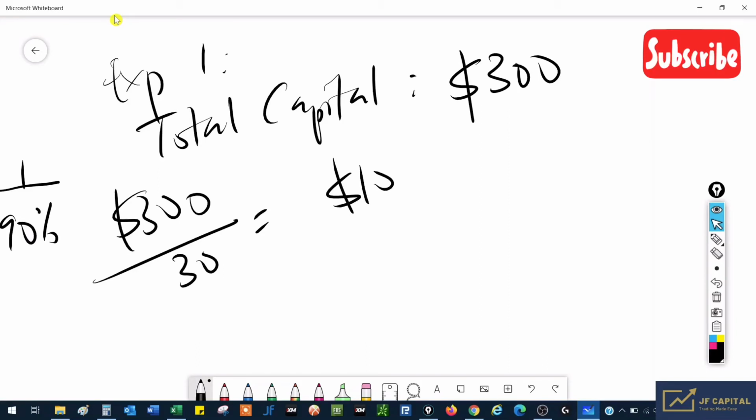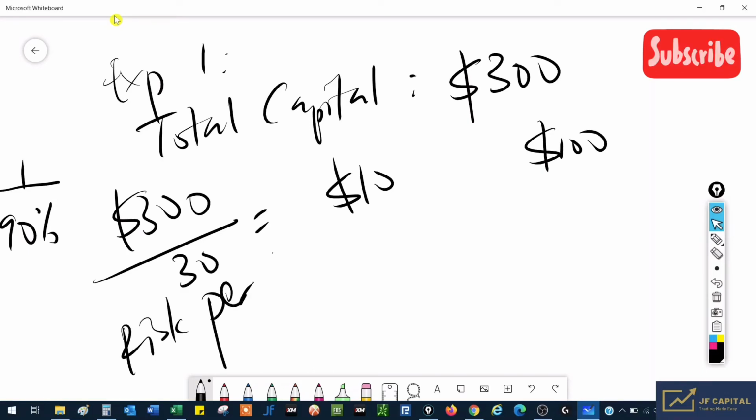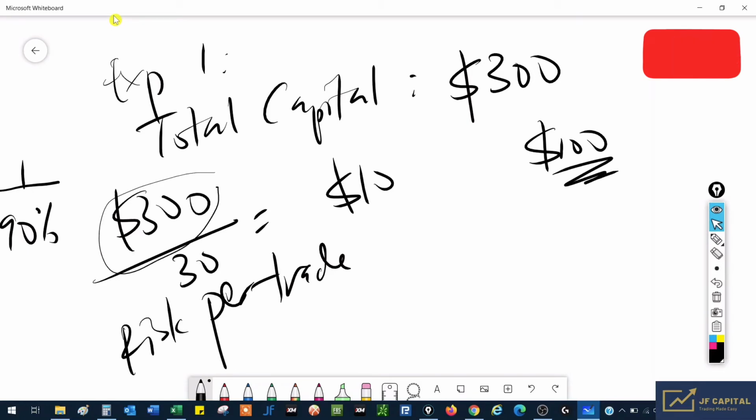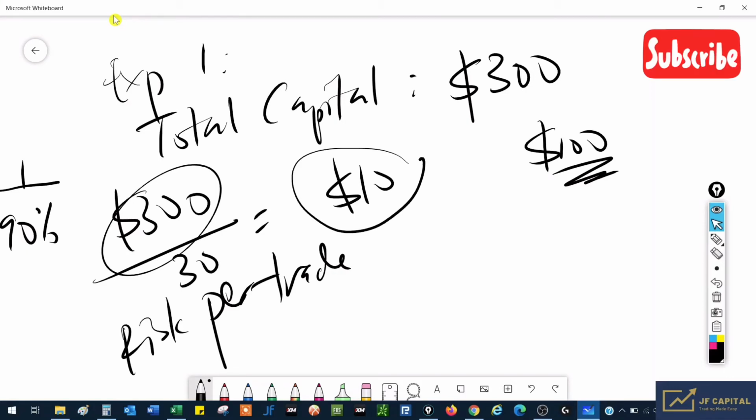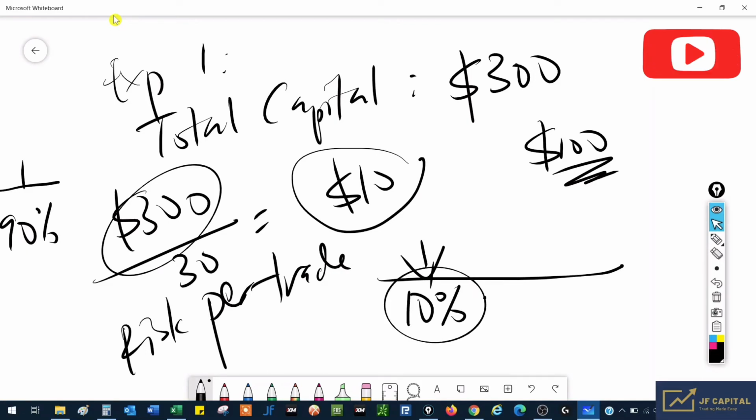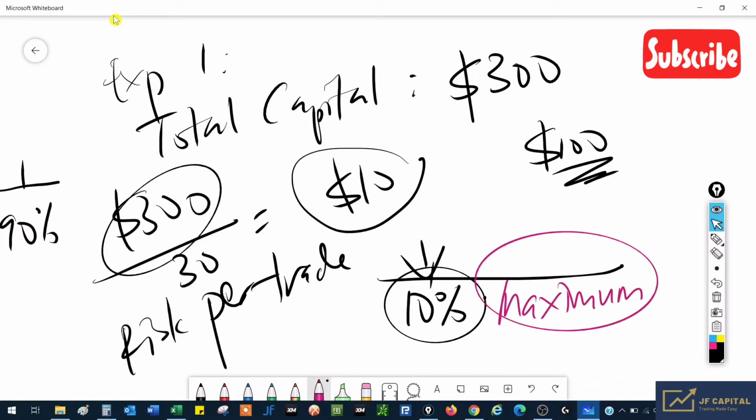As a master trader, I'm trading with 100 risk per trade. So if you have a capital of 300, the maximum you can risk is $10 only. So under the copy mode, you need to select 10%, maximum. Understand?